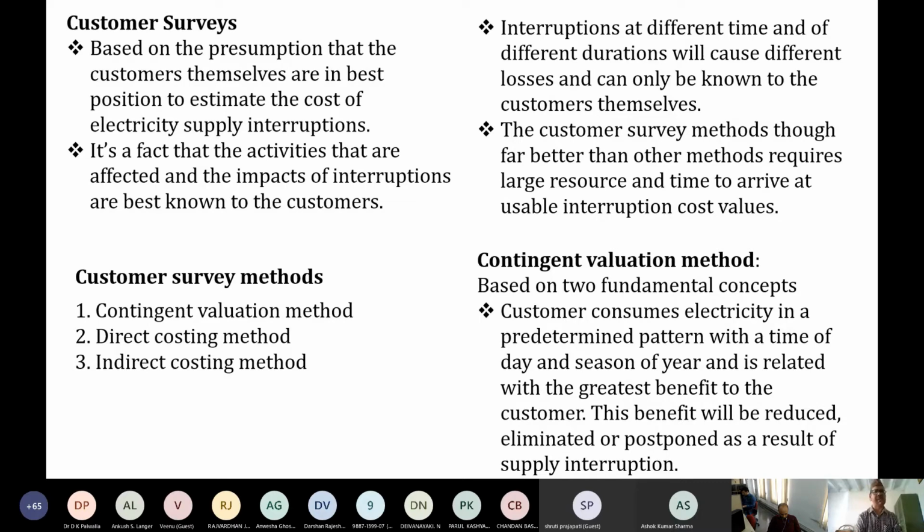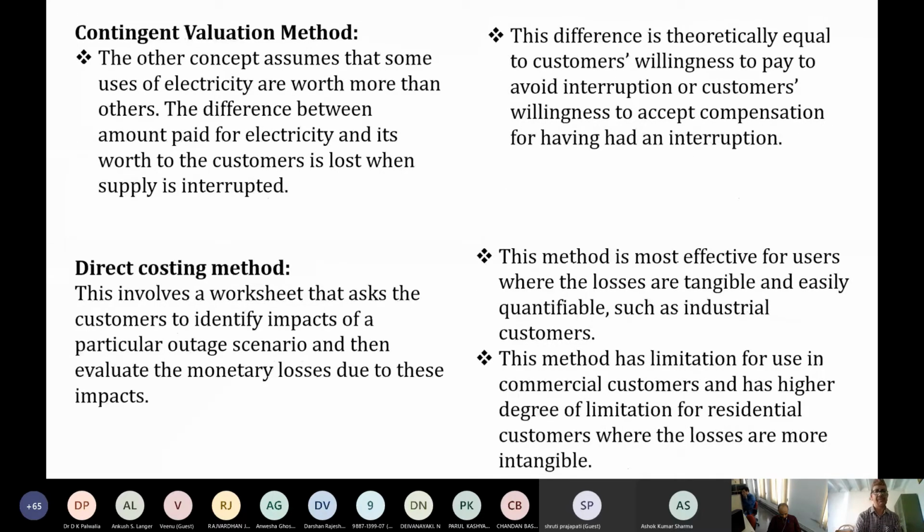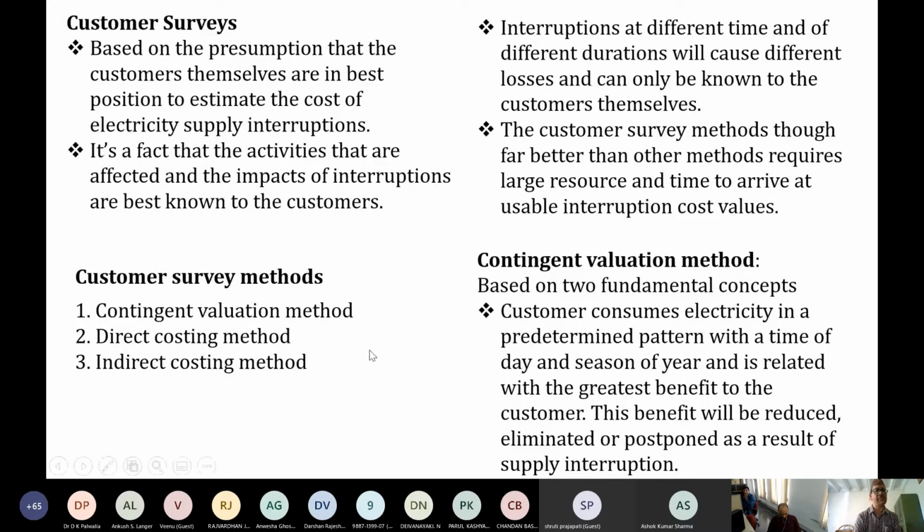Customer surveys are preferred because we consider the customers to be in the best position to estimate their cost of electricity supply interruption. Customers themselves, be it industrial, commercial, or residential, are in the best position to interpret what their losses are.